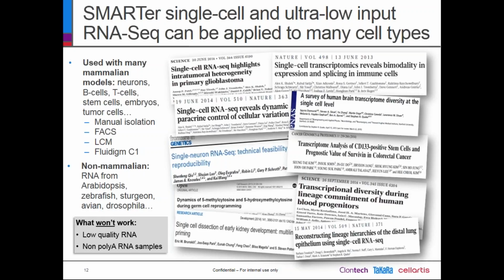So a degraded RNA has usually lost its poly A tail. If there's no poly A tail, there is no reverse transcription with the oligo dT primer. The second is, of course, samples that are not naturally polyadenylated. So it means prokaryotic RNA, which usually is not polyadenylated, is not suitable for this technology.